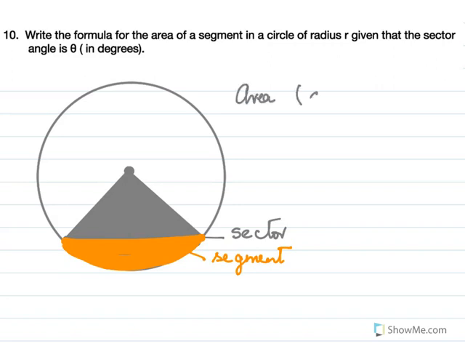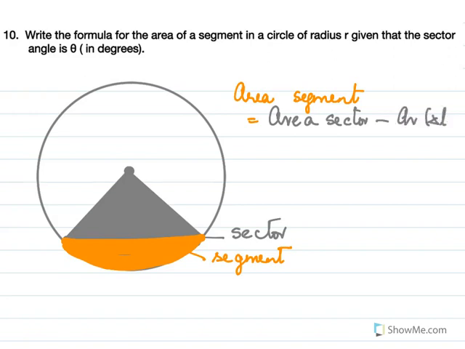So area of segment is equal to area of sector minus area of the triangle.